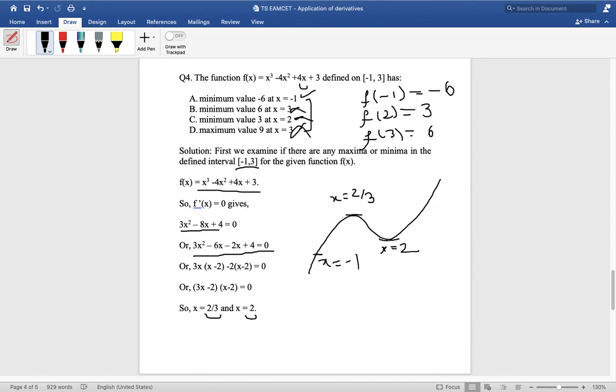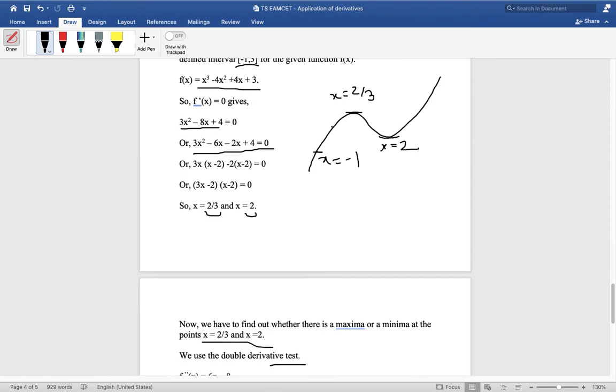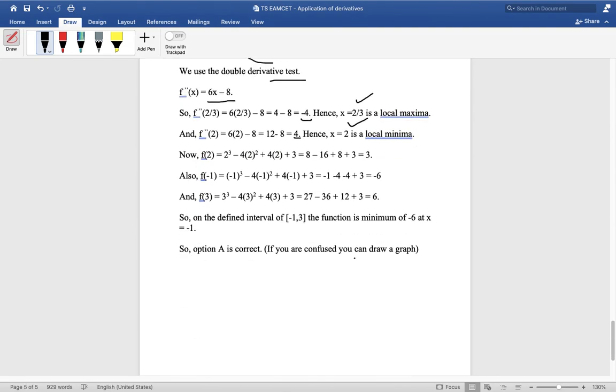Even though the minima happens at x equal to 2, in the given interval of minus 1 comma 3, the minimum value is happening at x equal to minus 1. From this curve, if you draw the curve, you can realize what I am trying to say here. So on the defined interval of minus 1 comma 3, the function has a minimum value of minus 6 at x equal to minus 1.